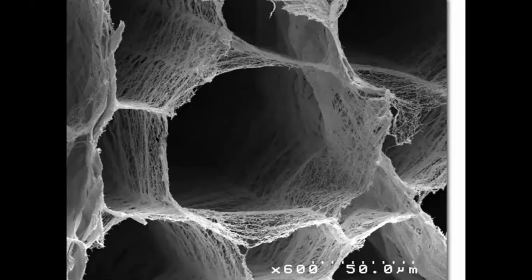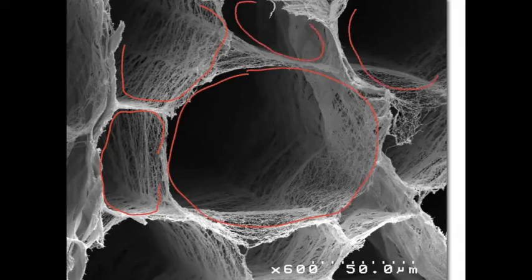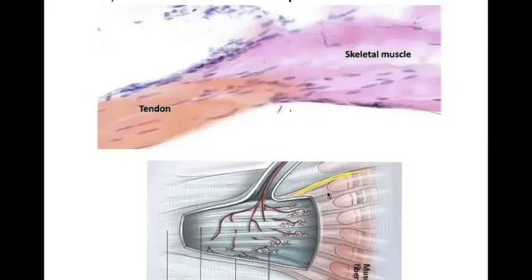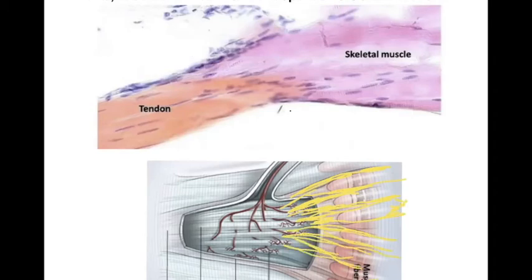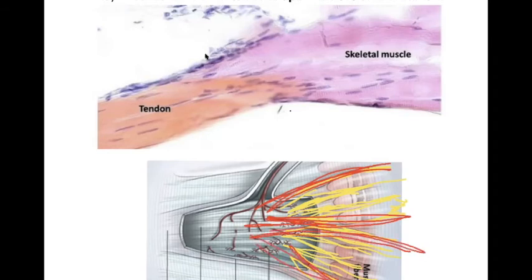So to go back to this image here, if you imagine these muscle fibers within these packages and how they are connected to the endomysium and then ultimately all to each other, we can see how this whole muscle might pull together as a single unit. And then all these individual connective tissue layers: the endomysium here in yellow surrounding a cell, and then the perimysium making up the fascicles here in red.